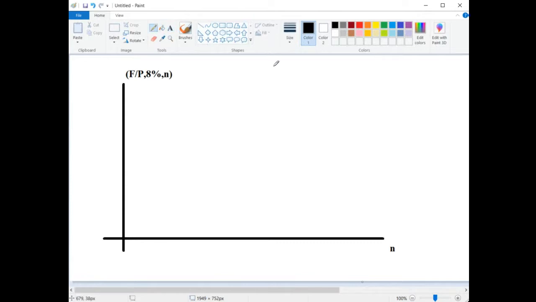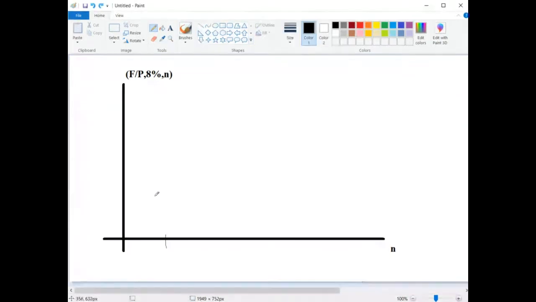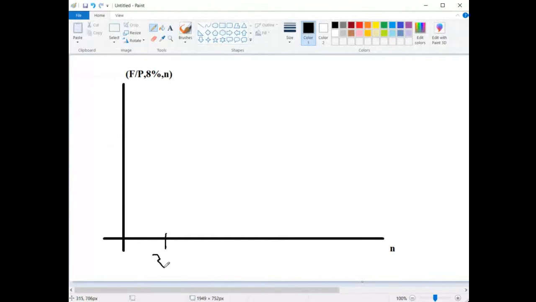And what we know is for 35 years, and for 40 years, we have two values observed in the table, right?